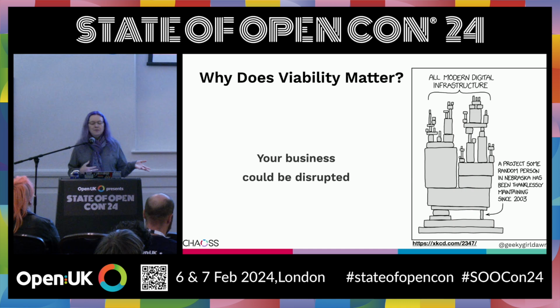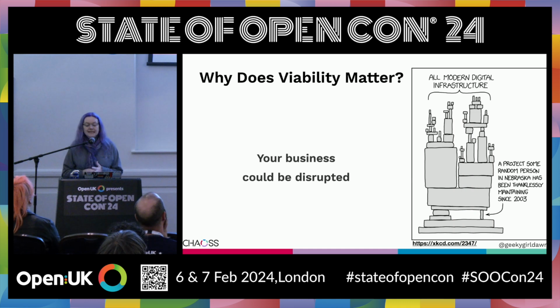So looking at the viability of projects, especially ones that have the potential to impact your business, is a good first step toward managing risk and reducing the chances of potential disruptions. It's particularly important to look at the viability of any open source projects that are critical for your ability to deliver products to your customers, or in the case of a project, to your users.